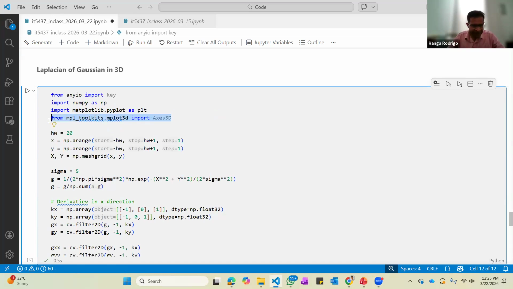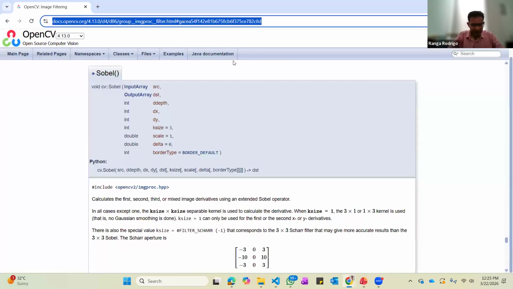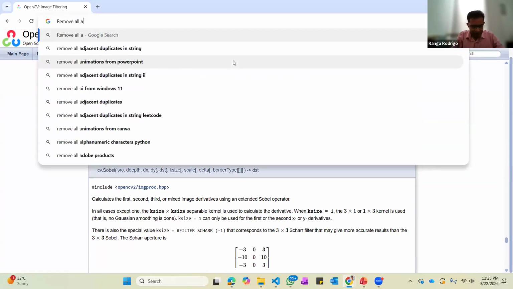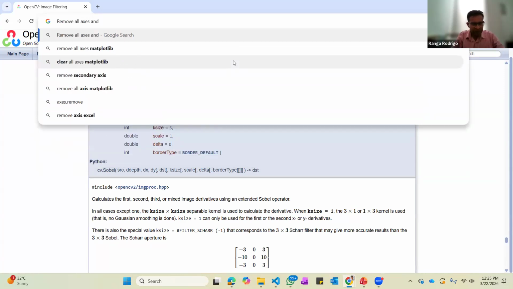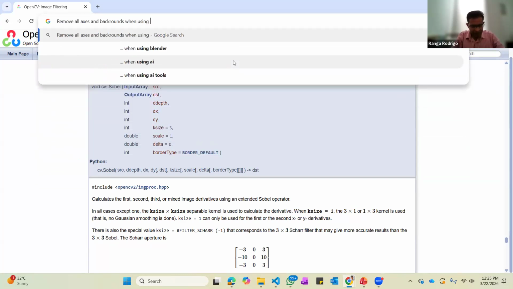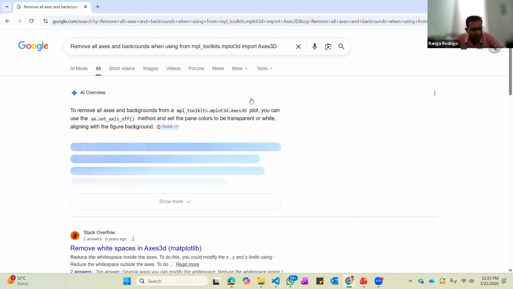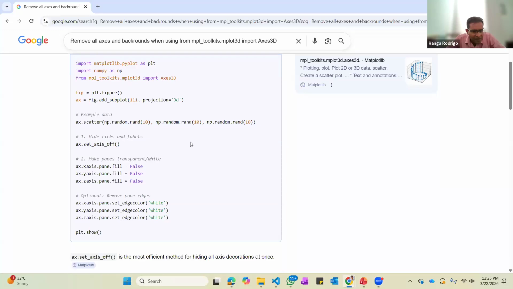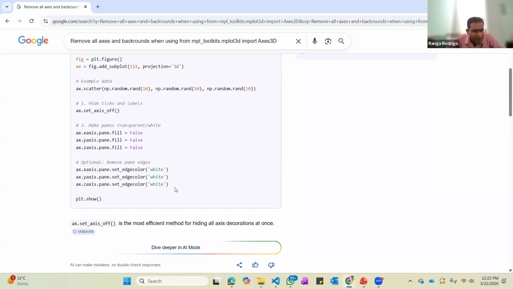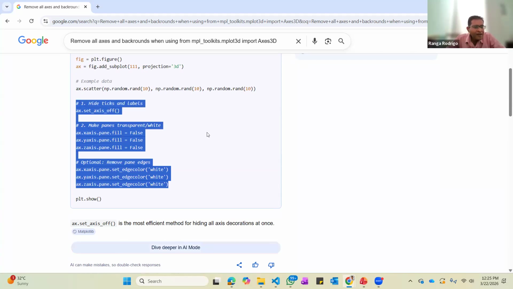I think we have done that when we did the Gaussian plotting. Something like that.